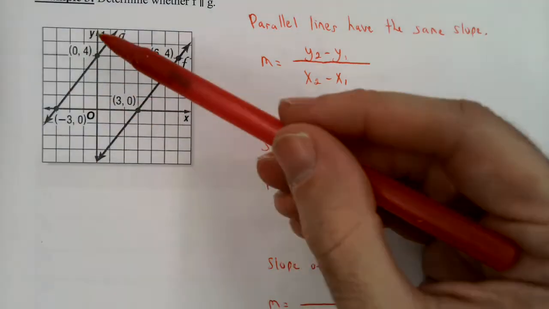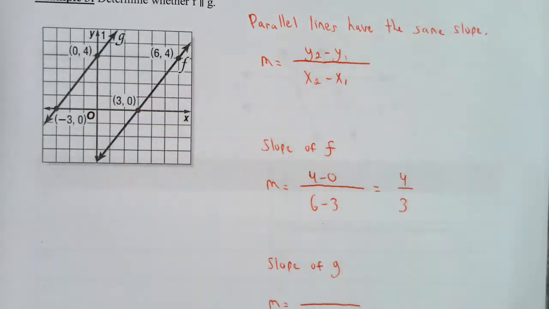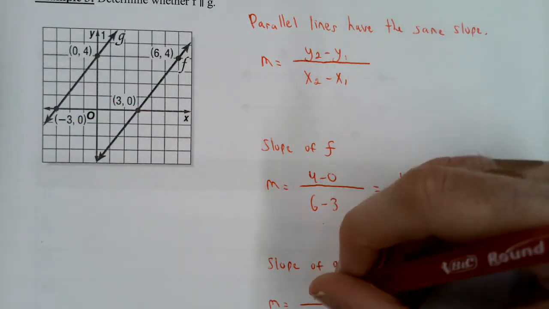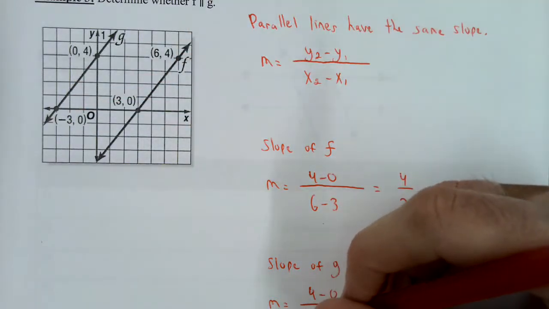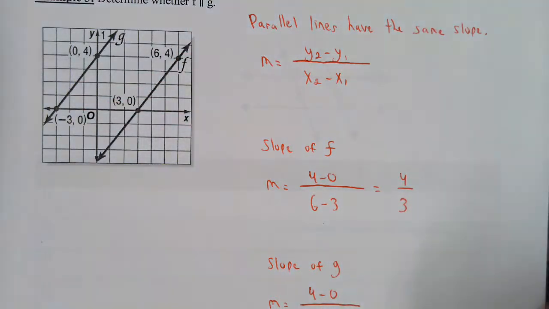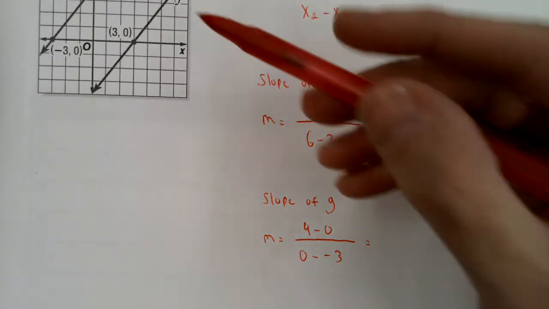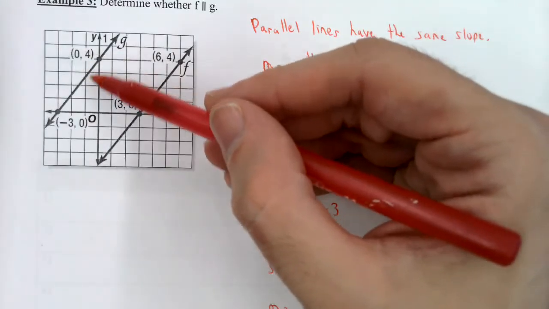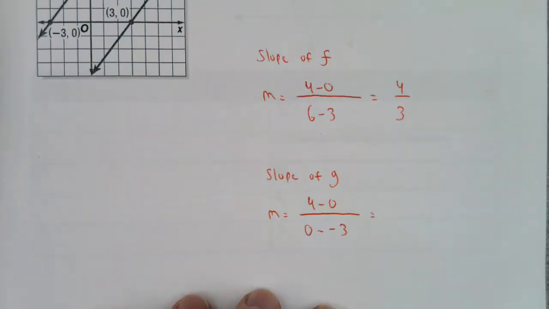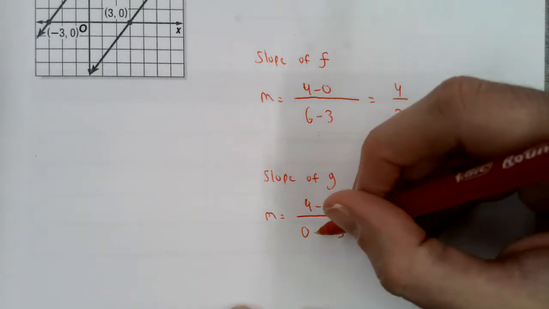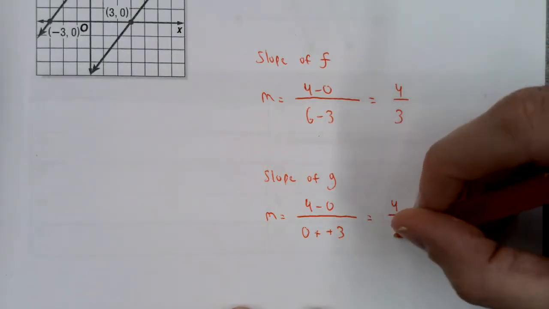So for G, subtract the y's, so 4 minus 0 divided by 0 minus negative 3. When you subtract the negative, that's the same as plus a positive. So this equals 4 over 3.